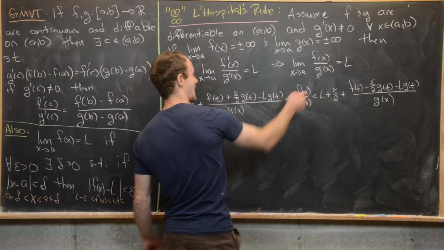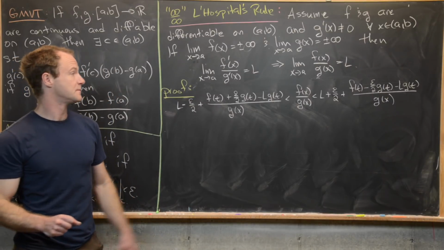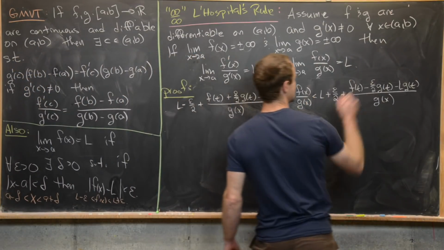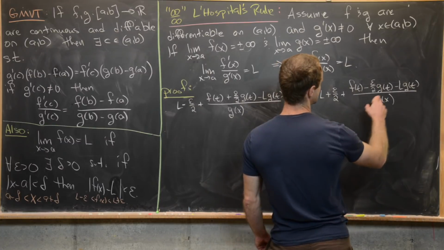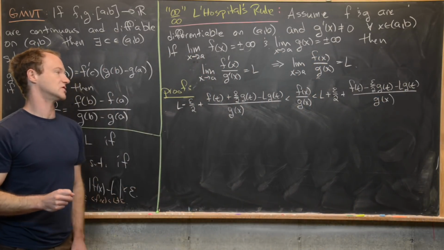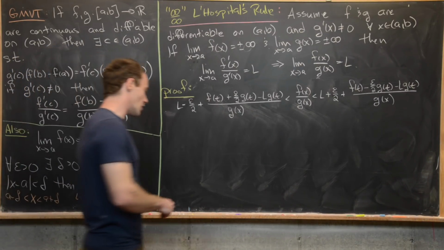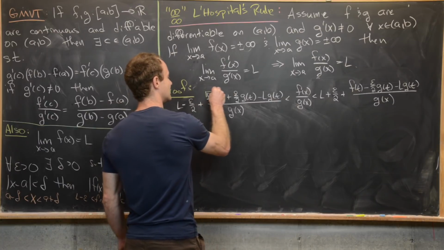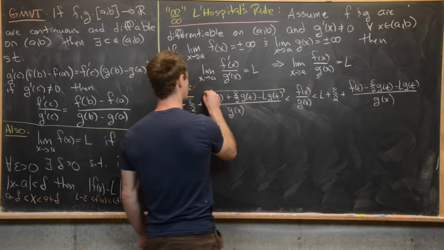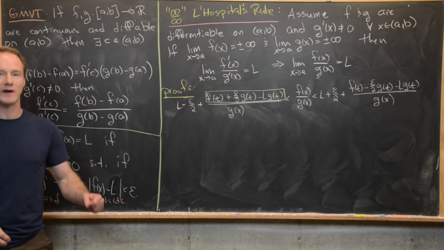is less than f of x over g of x, which is less than L plus epsilon over 2, plus f of t minus epsilon over 2 g of t minus L g of t all over g of x. Now, the important thing that I want to notice here is that this numerator here is a constant with respect to x.